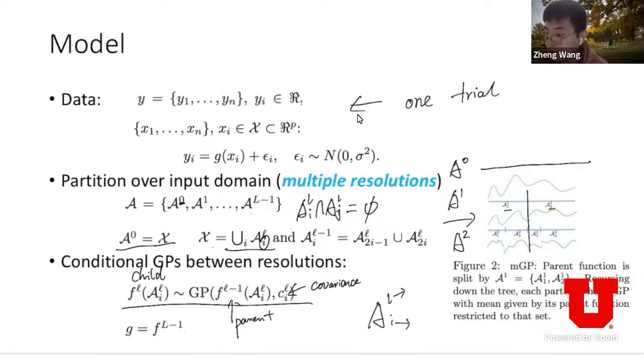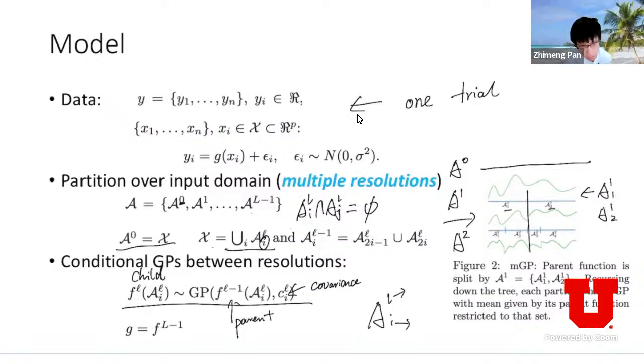Like here in level 1, you have 2 partitions, so it's A_1^1 and A_2^1. In the next level, you have 4 partitions, so i can range from 1 to 4. Okay, so the mean is given by its parent applied to this point. Yeah, the mean is given by the parent process.